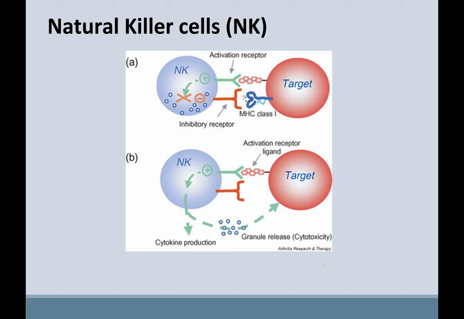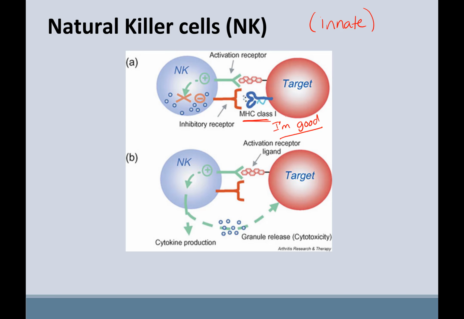Natural killer cells are also part of the innate immune response. What they do is circulate around, and they're kind of a double check to make sure cells are not infected. MHC class 1 is a way to say, I'm good.